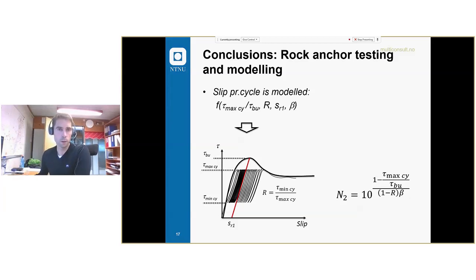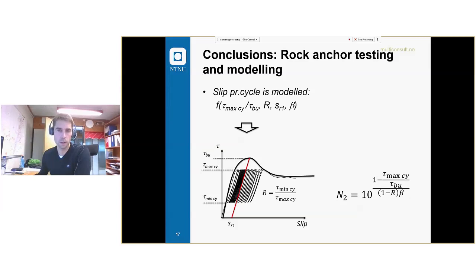It's a function of SR1, the slip at tau BU, and the beta, which is input to the number of cycles to failure. So the beta is also an input value into the model, N2, number of cycles to failure.